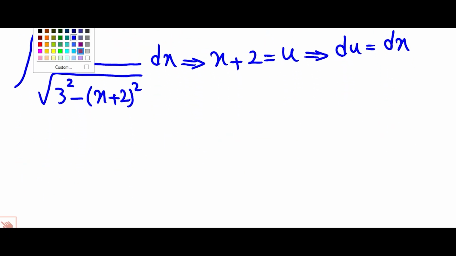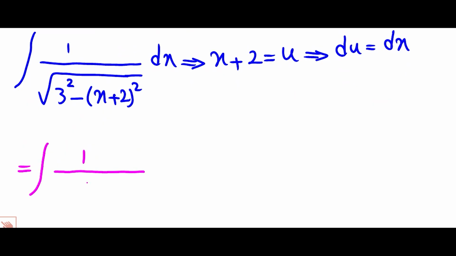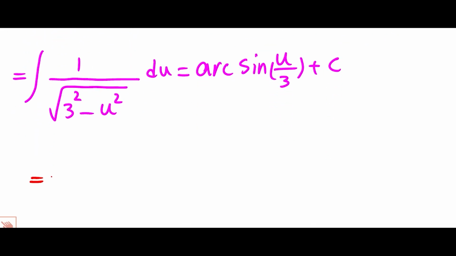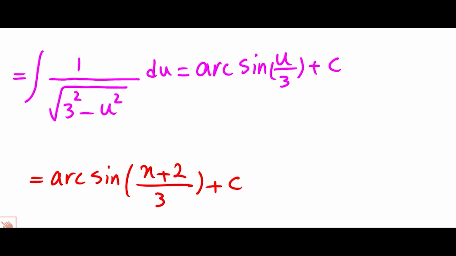So our integral is the integral of 1 over the square root of 3 squared minus u squared du equals arcsine of u over 3 plus c, or arcsine of (x plus 2) over 3 plus c.